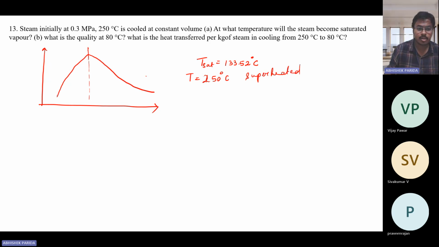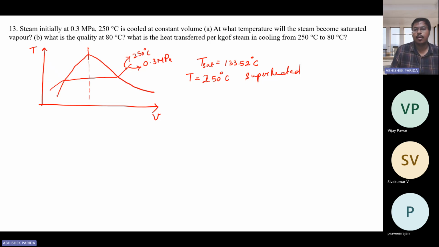It is cooled at a constant volume. So let us say this is the T versus V diagram. So pressure will be somewhat like this. This is the isobar, let us say the 0.3 megapascal line, and this is somewhat like 250 degrees Celsius.